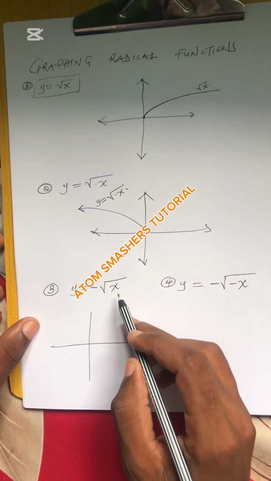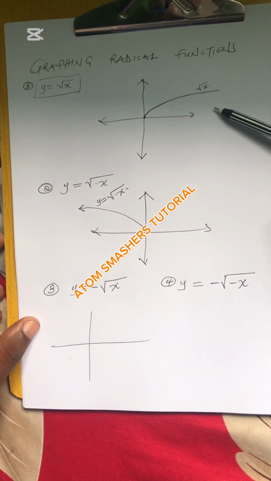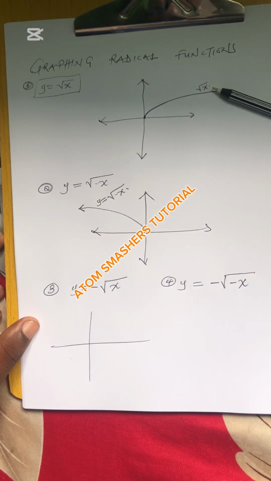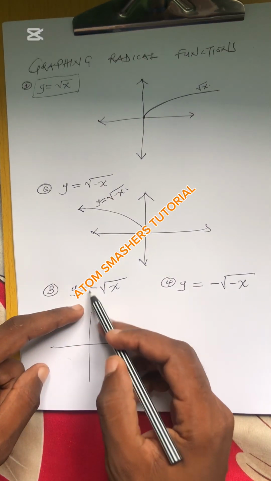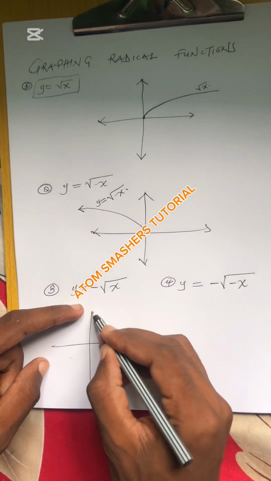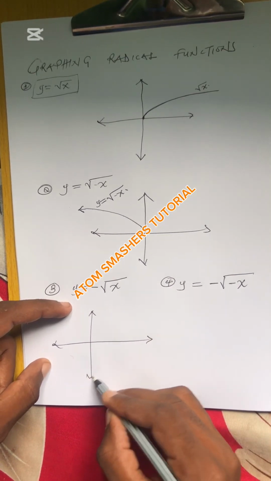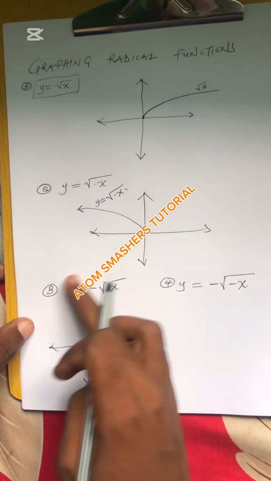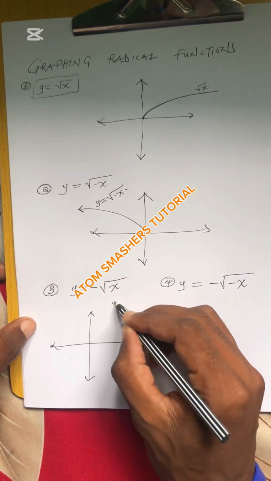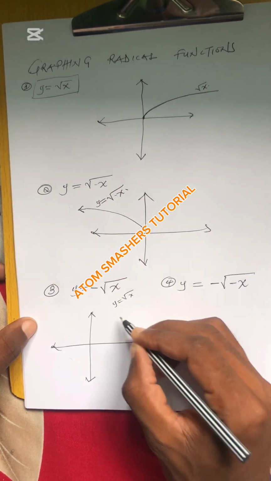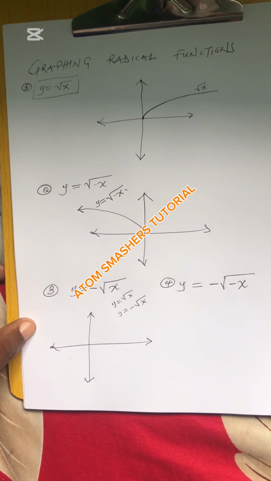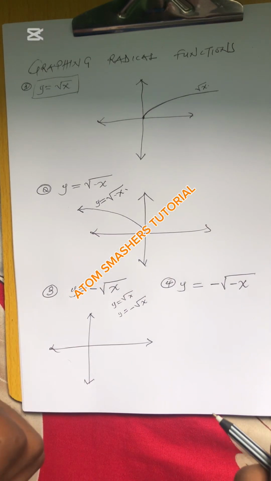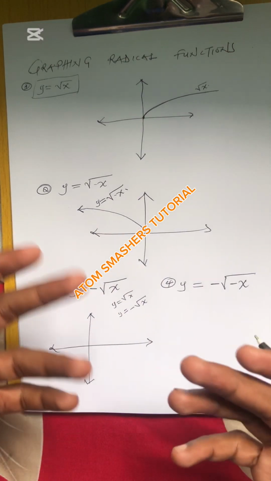For us to plot this one, first we plot the general graph, then we plot the effect of the negative. So first we plot y is equal to the root of x, then y is equal to negative the root of x. If it's not the final graph, just to differentiate it from the final one, make it dotted.